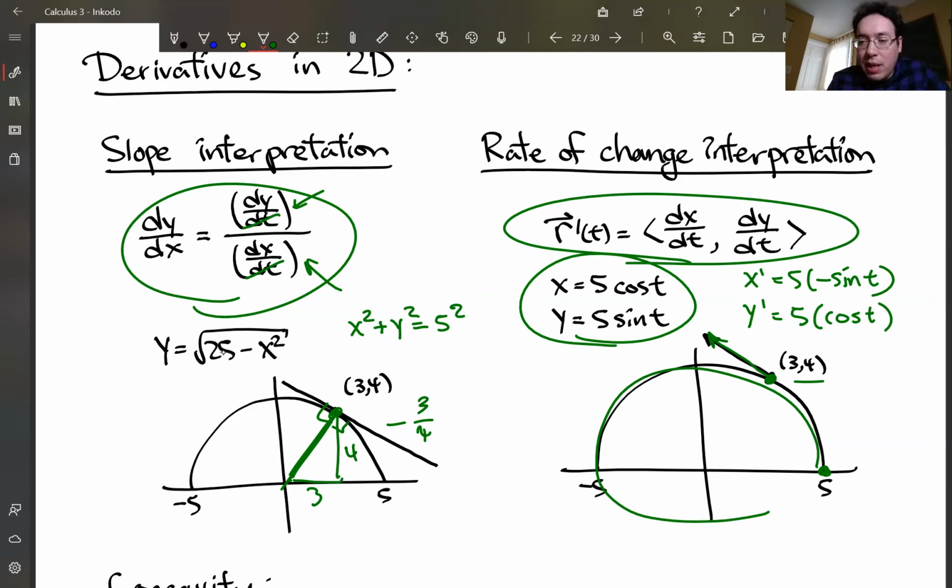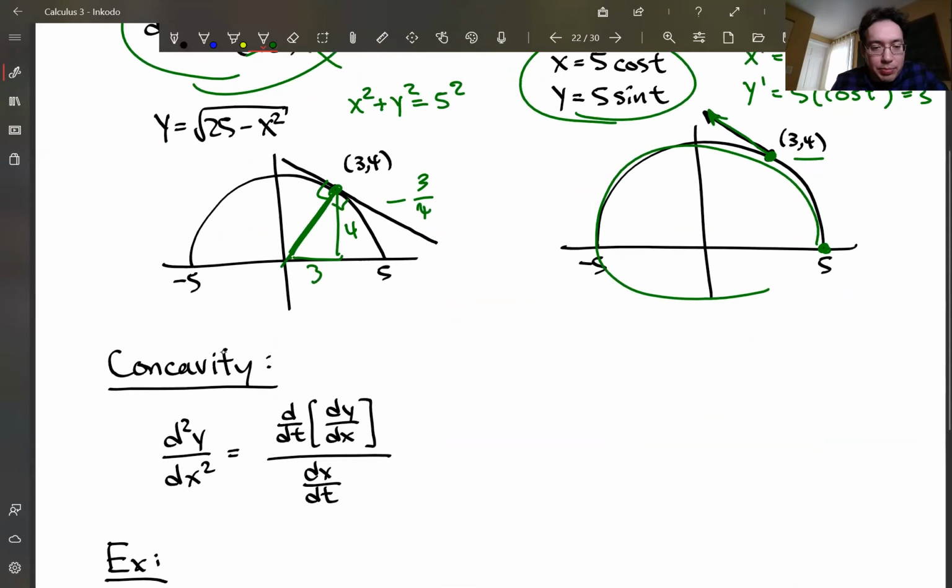So that would be the derivative, and 5 cosine happens to be x, so this should be 3, and then this should be a negative 4 at that point. So there's definitely a relationship between them. This vector is in the direction of the slope, but the interpretation is different. And the rate of change would change if it's going at a different speed and so on.